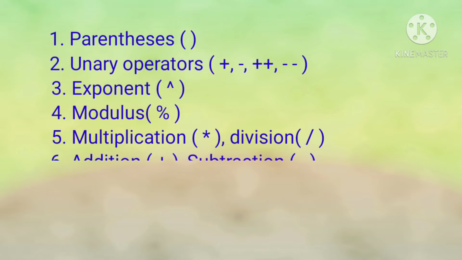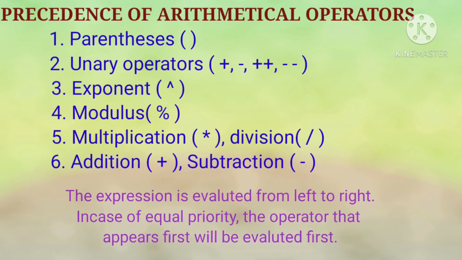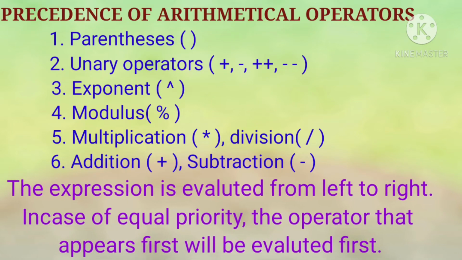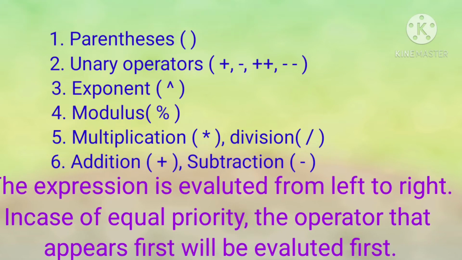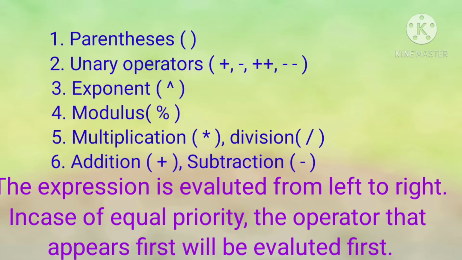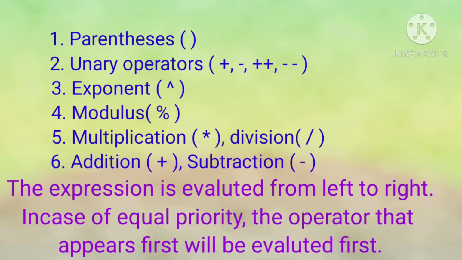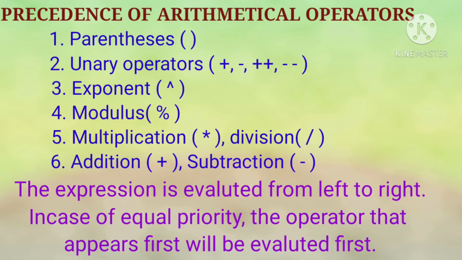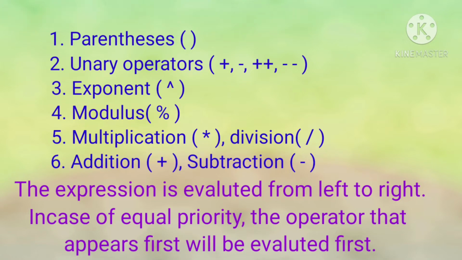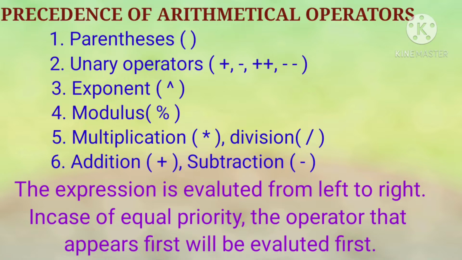First is parenthesis, the bracket, then the unary operator, that is increment and decrement, then exponent, that is power, like a to the power 2, we write a caret 2, then modulus, then multiplication and division, then sixth is addition and subtraction. The expression is evaluated from left to right. In case of equal priority, the operator that appears first will be evaluated first.